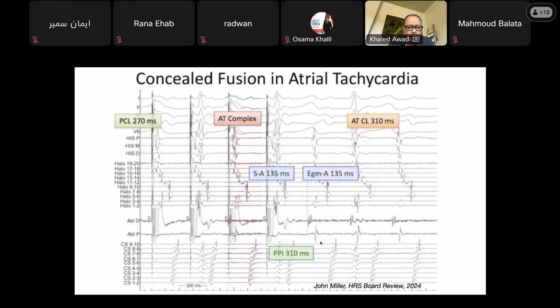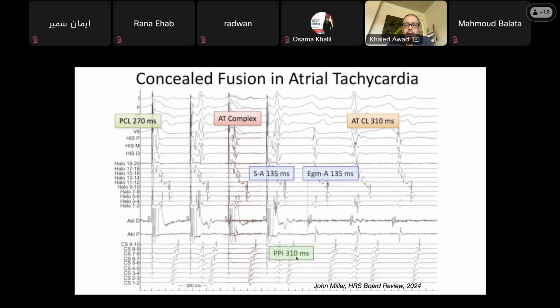If you look at the CS, it looks the same. If you look at the halo catheter, it looks the same. The relationship between these catheters looks the same. The post-pacing interval is equivalent to the tachycardia cycle length, 310 milliseconds, 310 milliseconds. So the PPI is equivalent to the tachycardia cycle length.